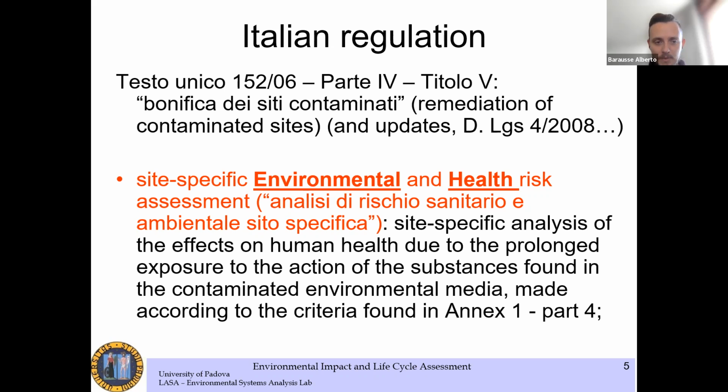And in that Testo Unico you can find site-specific environmental and health risk assessment, which is a site-specific analysis of the effects on human health due to prolonged exposure to the action of the substances found in contaminated environmental media, for example.